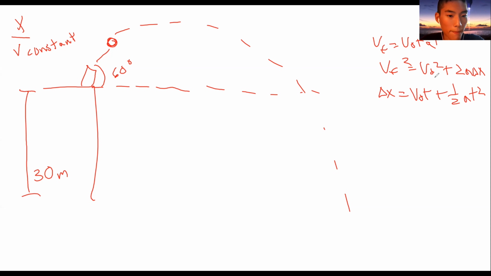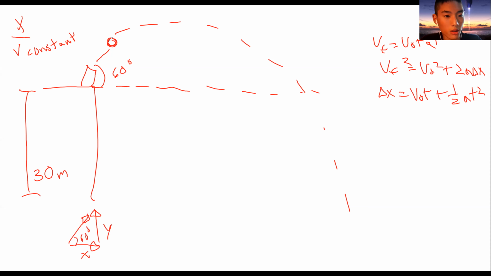So we first find the x velocity, right? So we do a vector addition calculation. This is your y, this is your x, and this is 60 degrees.